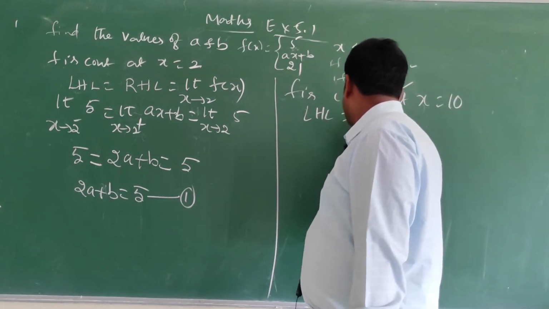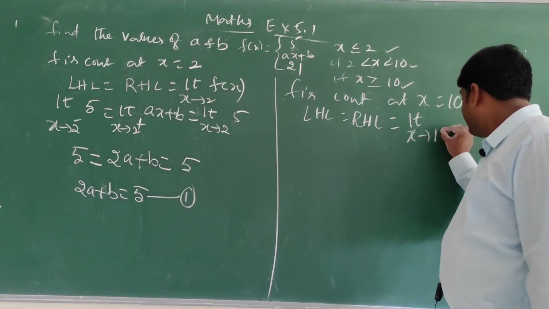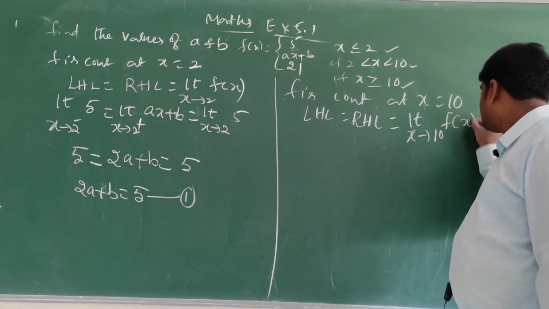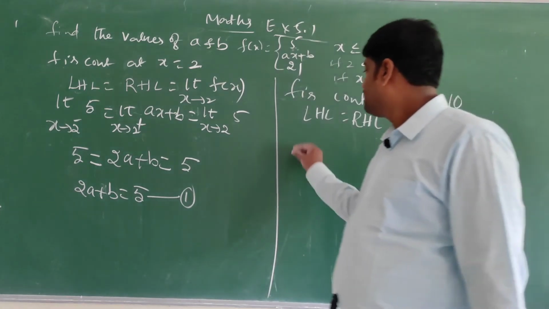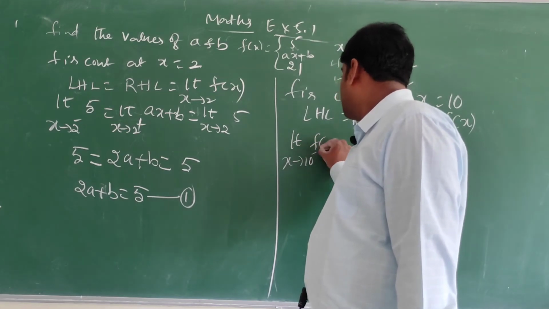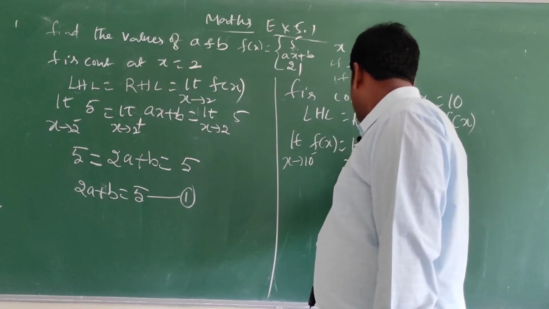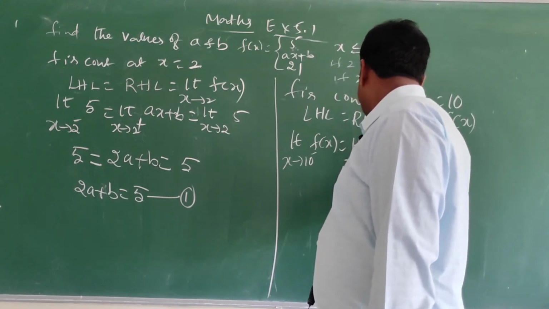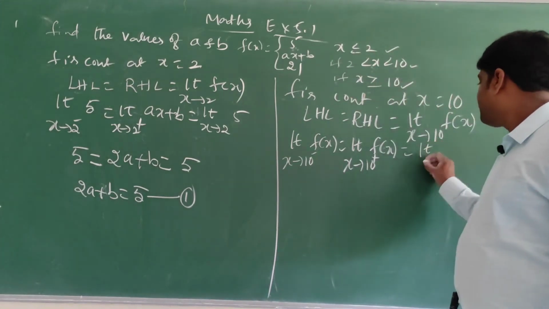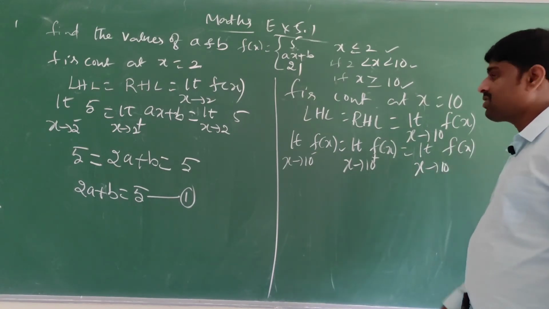LHL equals RHL equals limit x tends to 10 of f of x. Limit x tends to 10 minus f of x, limit x tends to 10 plus f of x, limit x tends to 10 f of x.